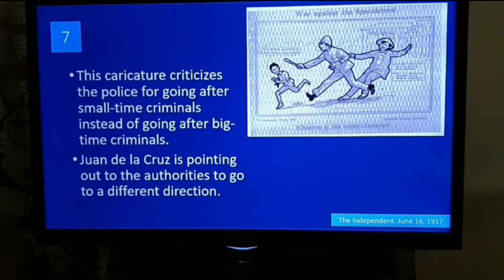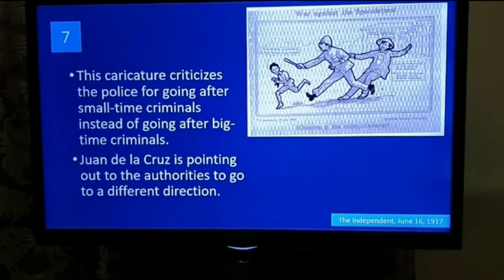So he's saying to the policeman, you are just going after small-time criminals, but there are big-time criminals that you need to look after. And very similar also to our time. During the early days of the war on drugs, many criticize that why only the small-time pushers get arrested or killed.